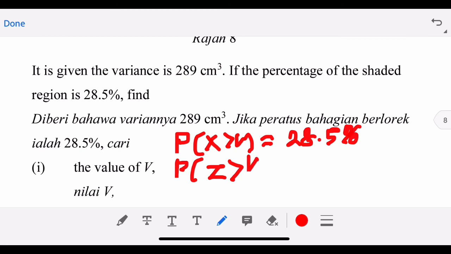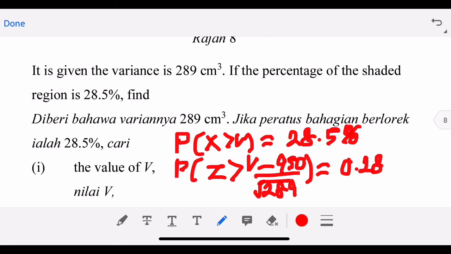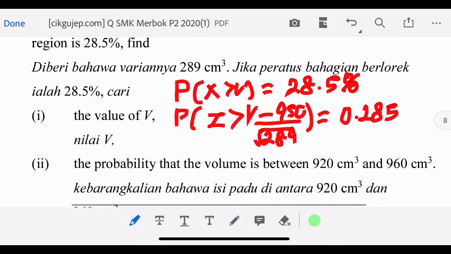So z more than v minus the mean, which is given 950, over standard deviation. You have to square root the 289 because you are given variance. Be careful. So it's equal to 0.285 because percent you have to convert to decimal, right?